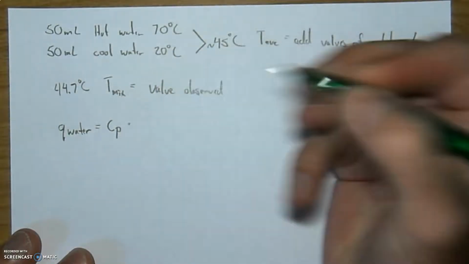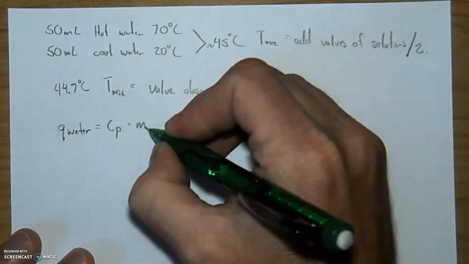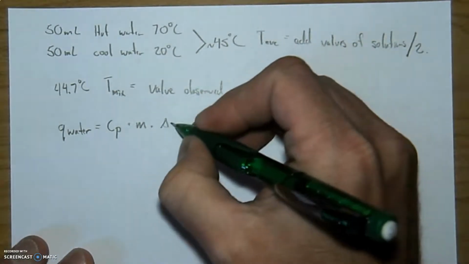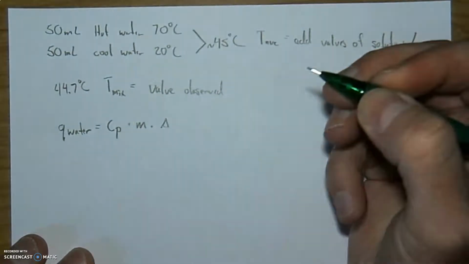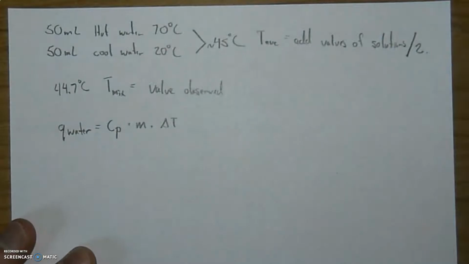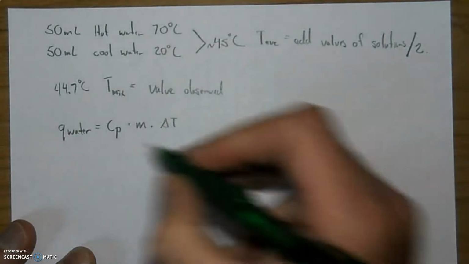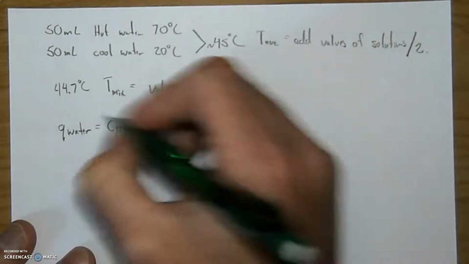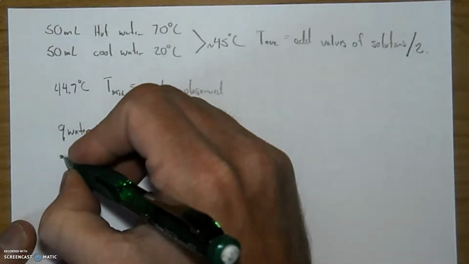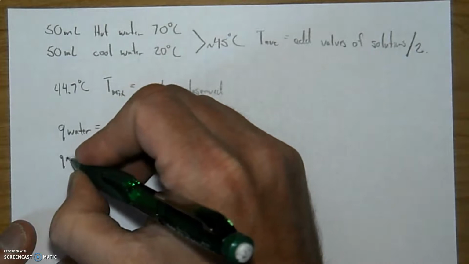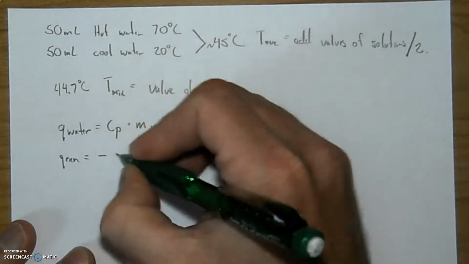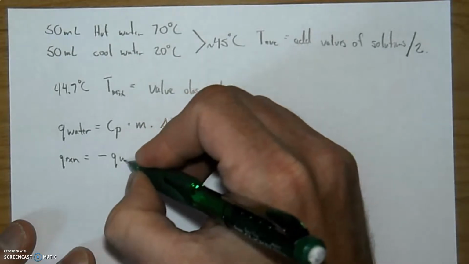So based on the specific heat of water, the mass of the water, which you're actually measuring probably the volume of it, and then the temperature change. So whatever number this is, we can take the opposite value and say that's what's coming from the reaction. So the reaction is equal to the opposite of the Q water.